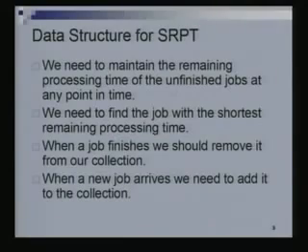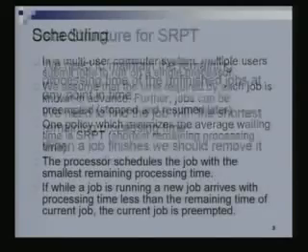Amongst these jobs, we need to find the one which has the shortest remaining processing time, so that we can schedule the job according to the rule we are following. When a job finishes, we would like to remove it from this collection, and when a new job arrives, we would like to add it to this collection. These are the operations we need on our data structure to be able to implement the SRPT policy.